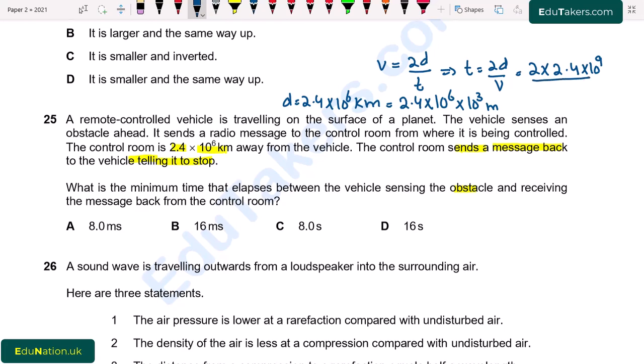There are actually the radio waves; it sends a radio message in the form of waves, and all of these waves travel with the speed of light. So I write here 3.0 × 10^8 meters per second. The value of time will be equal to 16 seconds. So here option D is correct.